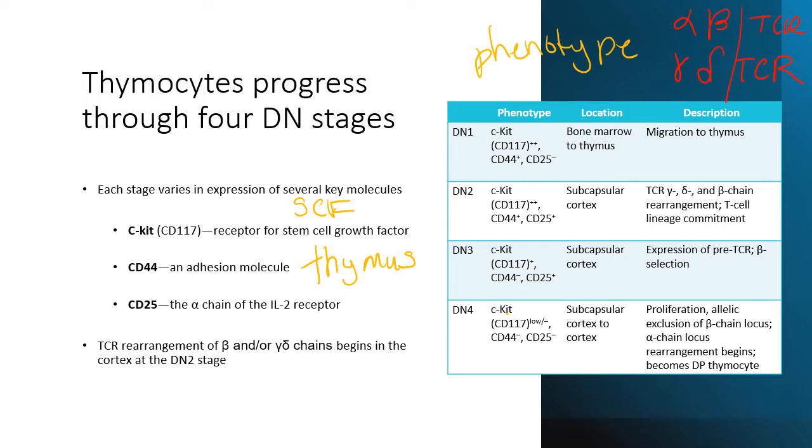That's actually where those cells exit this process. Gamma delta T cells do not progress any further. They exit the thymus as double negative cells.